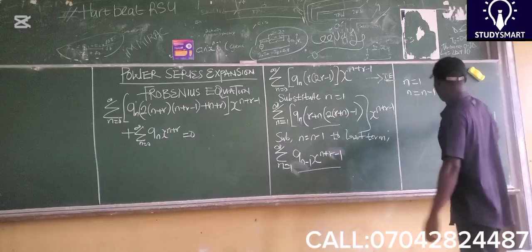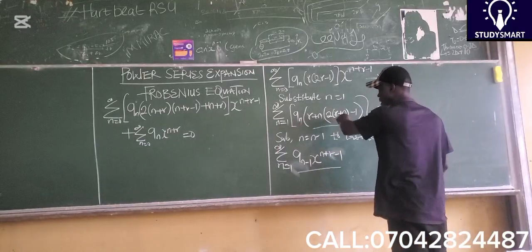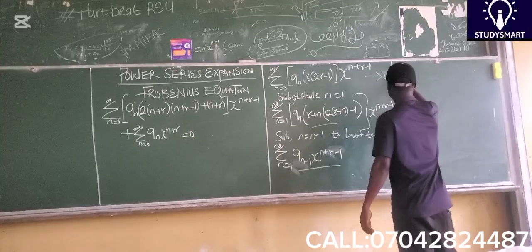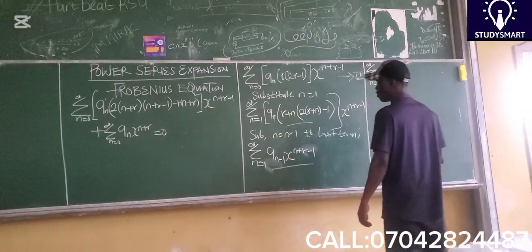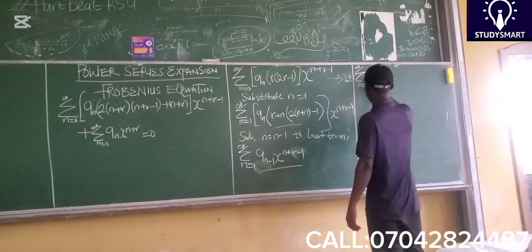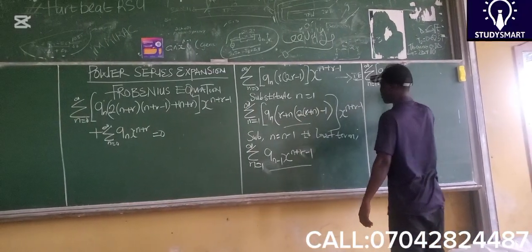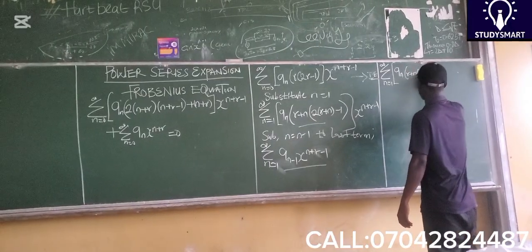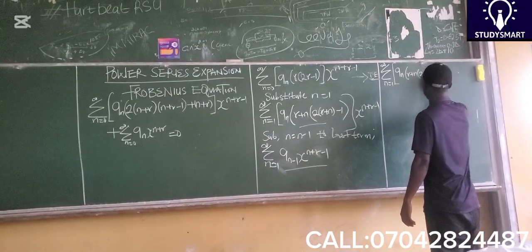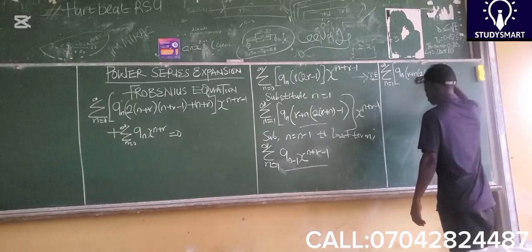So if I do that, I have the summation n equal to 1 to infinity of a_n times (r plus n) times (2 times (r plus n) minus 1).